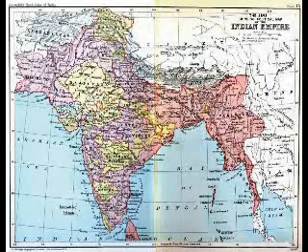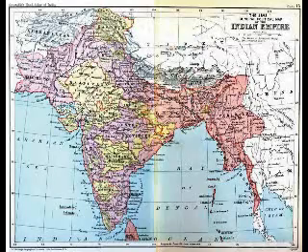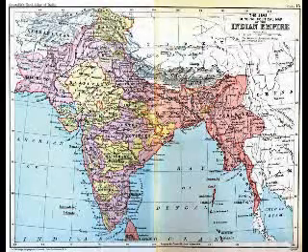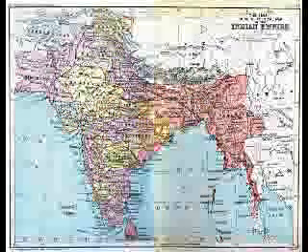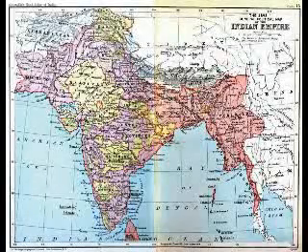The result was direct British rule over 3/5 of the subcontinent and indirect rule embodied in the concept of paramountcy over the remaining 2/5.